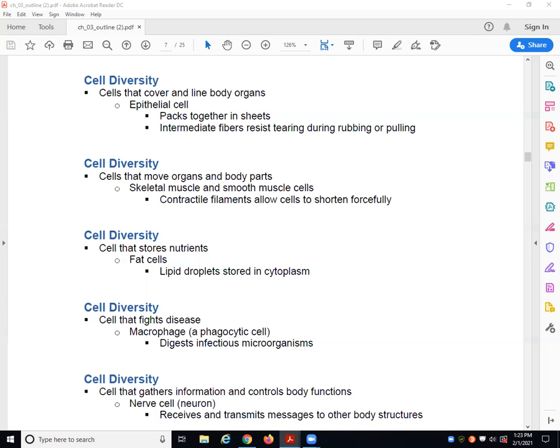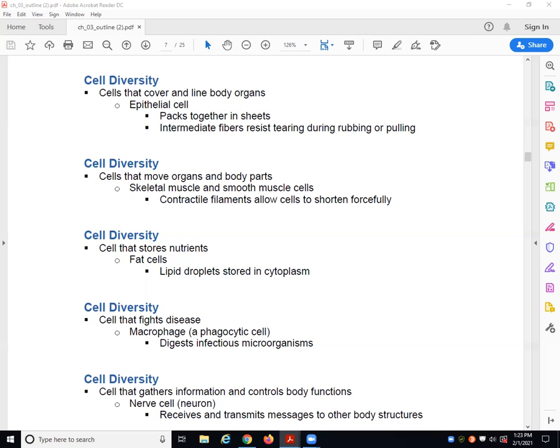You also have cells that move organs as well as other parts of your body. Okay, so example here, you got skeletal muscle, these are different types of muscle tissue, smooth muscle. Smooth muscle cells form smooth muscle tissue.